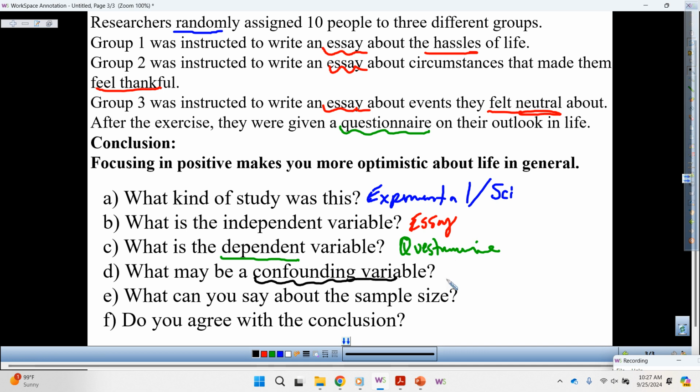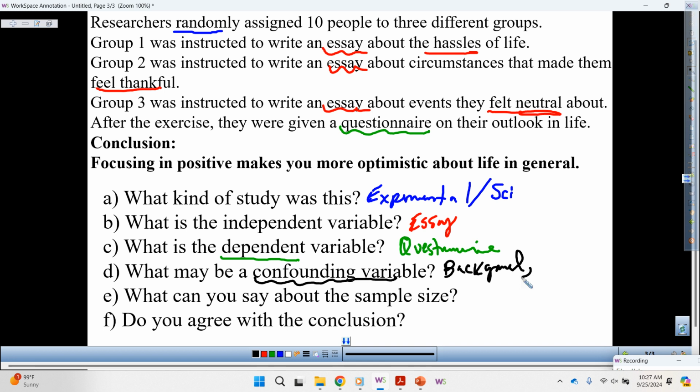Samuel, help him out. Background. Somebody's background. Do you think somebody's background will affect the way they respond to the essay? Yes, that's a confounding variable.